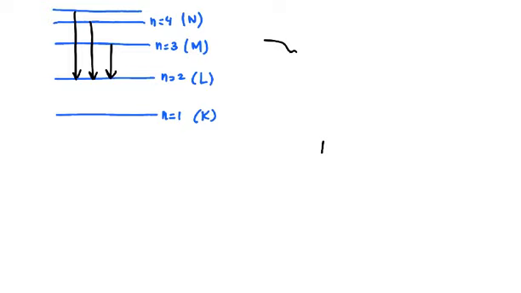And so the radiations emitted from such transitions are called the L series. In a similar manner, you get the M series, N series, and so on.